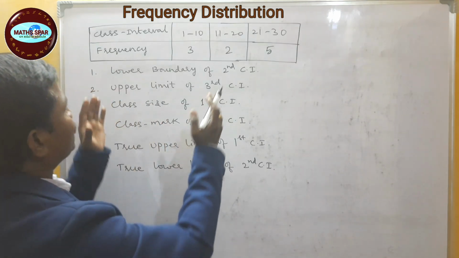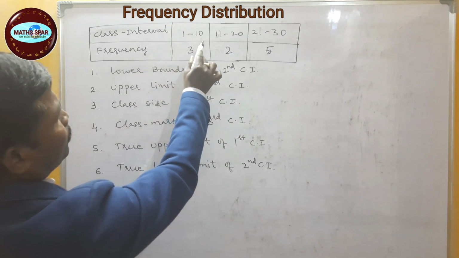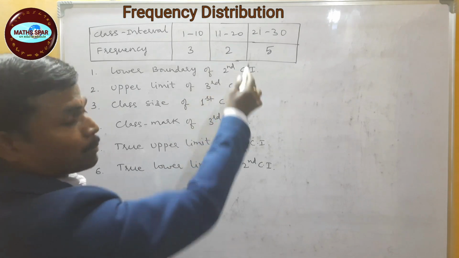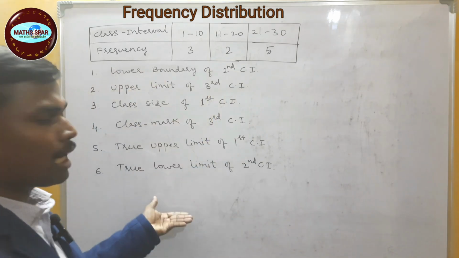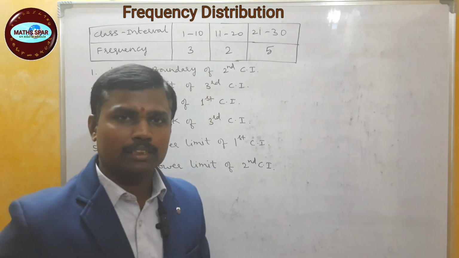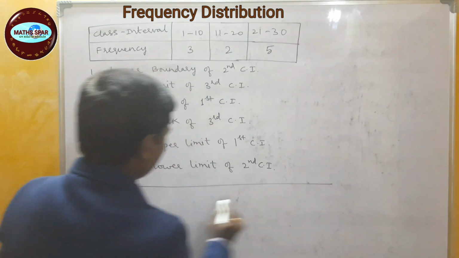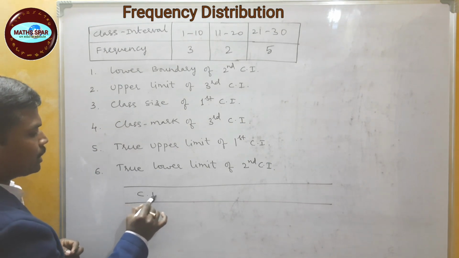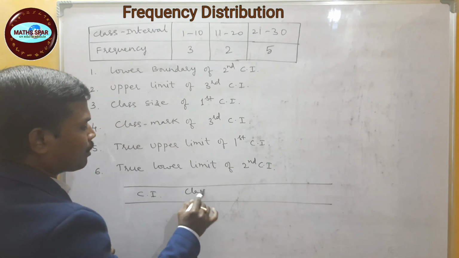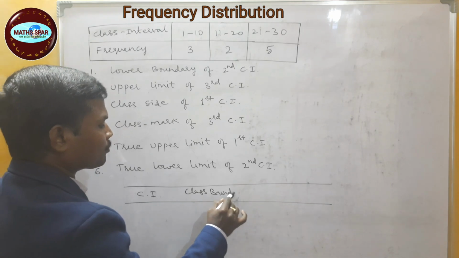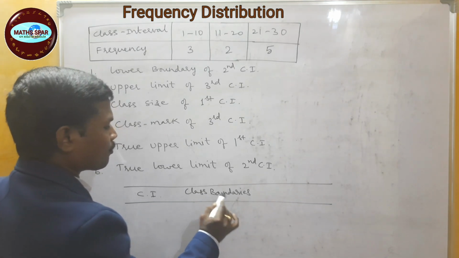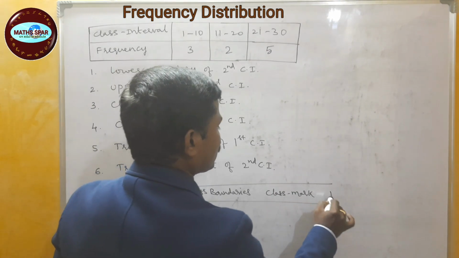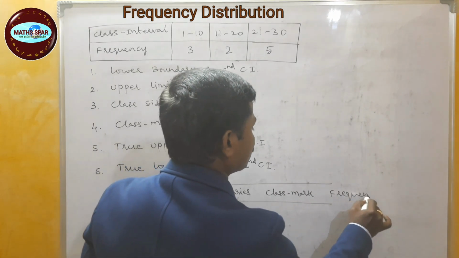Suppose a question is given with class intervals 1 to 10, 11 to 20, 21 to 30 with frequencies 3, 2 and 5 respectively, and such questions are asked, how are we going to solve this? You have to draw a table which has class interval, class boundaries, class mark, and frequency as its columns.